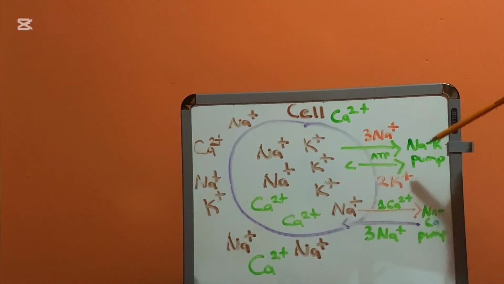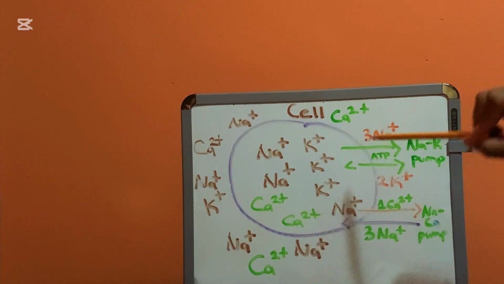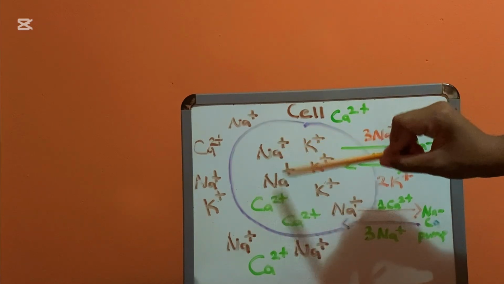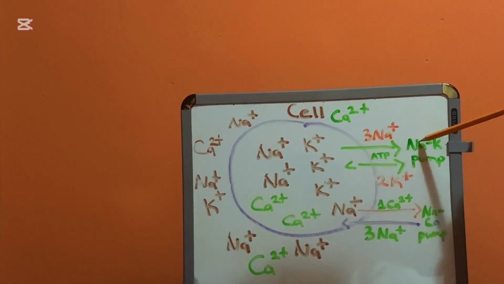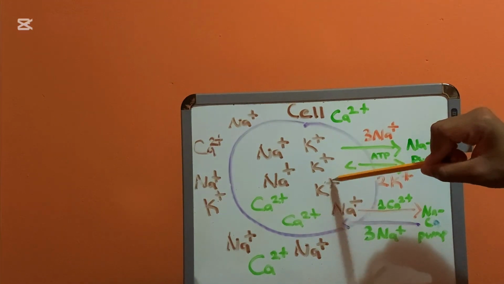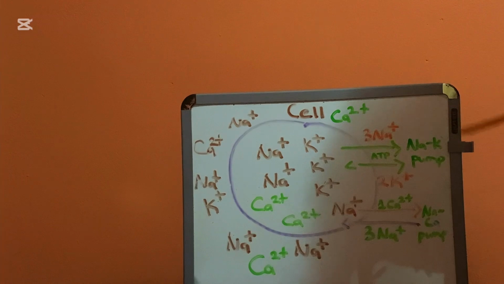Look at what happens now. This sodium potassium pump is going to take 3 sodium outside of the cell, so 1, 2, 3 sodium outside of the cell, and it's going to put 2 potassium inside the cell. And in order for it to do that, it has to use ATP.